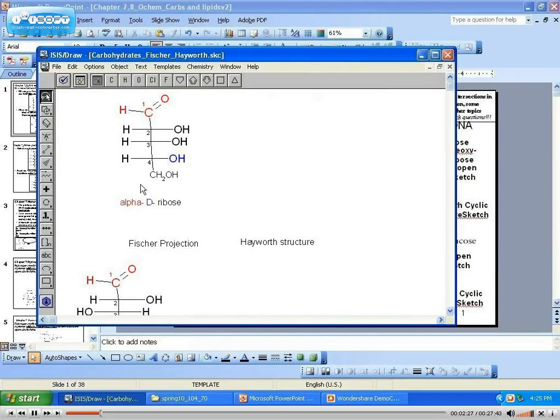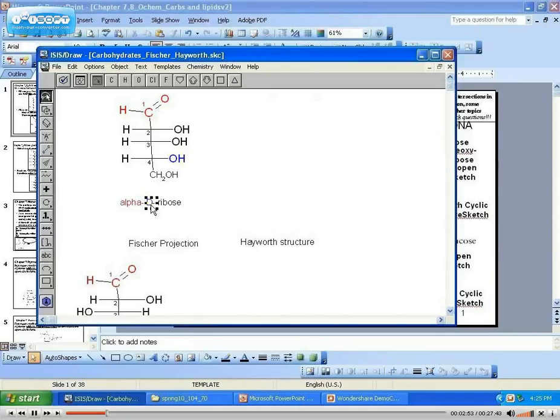For the sugar molecules, notice how they always end in an alcohol, which I've highlighted in black. And notice how they always begin, not always, but for these starting ones, they'll begin with a carbonyl group.